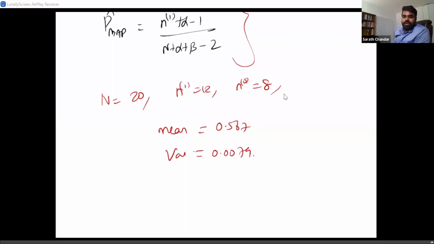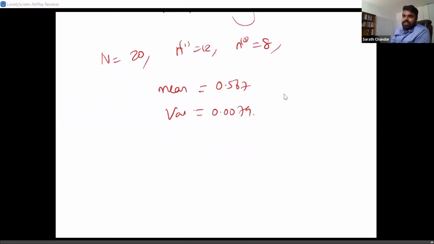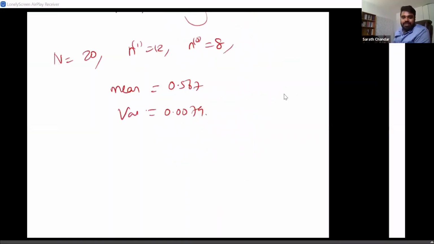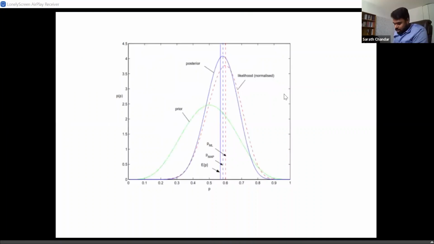So now we are going to compare all the three estimates that we have seen so far in this one picture. Here you can see that this red line is the maximum likelihood estimate for the coin toss example. Now this blue line is the MAP estimate. If I use the full Bayesian estimation, the expectation is a bit lower than the MAP.